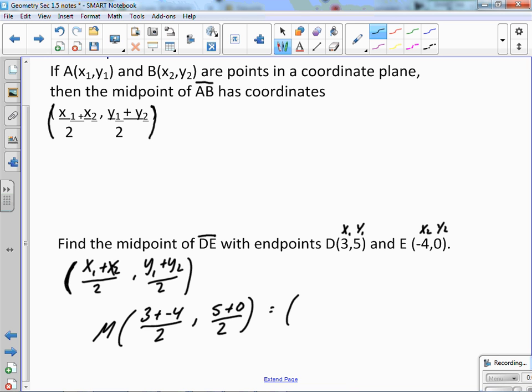Simplify those down. 3 plus negative 4 will be negative 1 over 2, or negative 1/2. And 5 plus 0 is just 5, over 2 is 5/2. So the midpoint of segment DE would be (-1/2, 5/2).